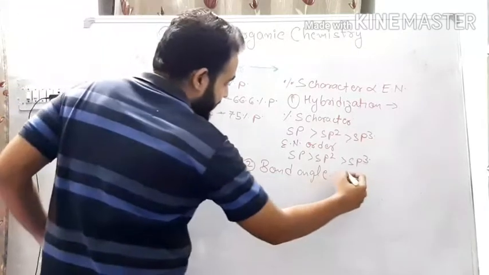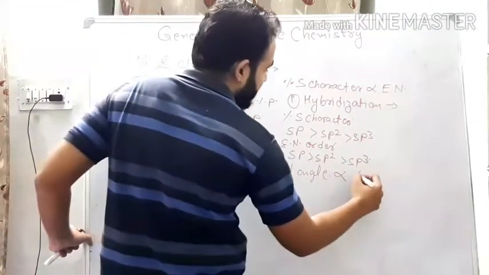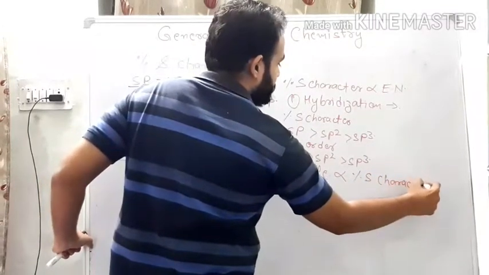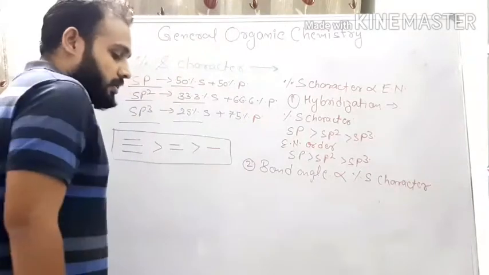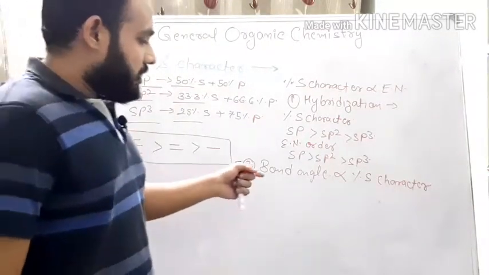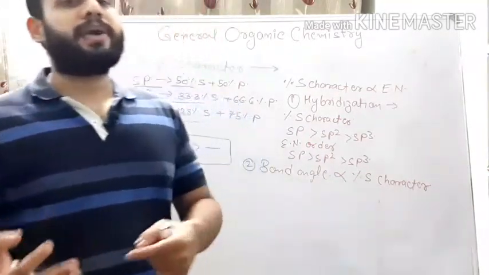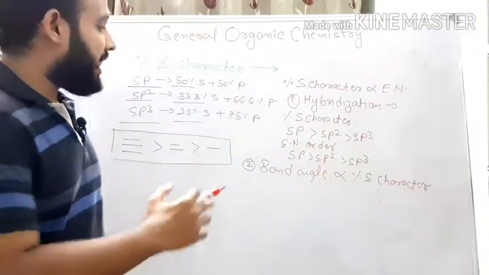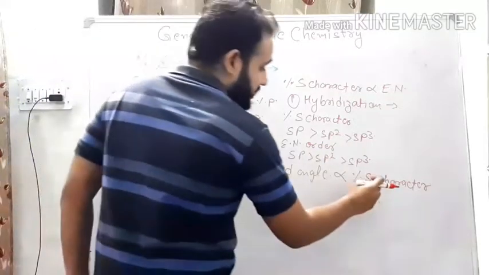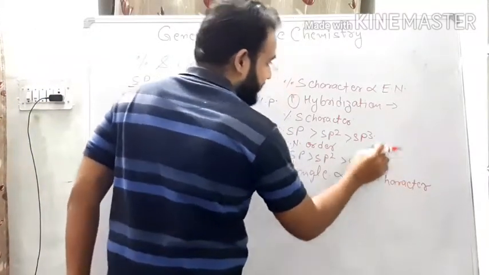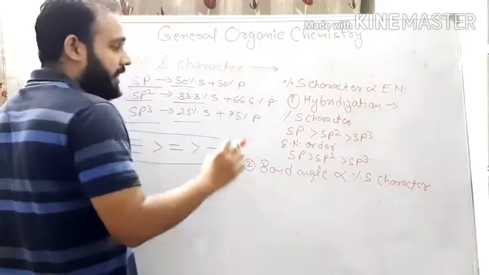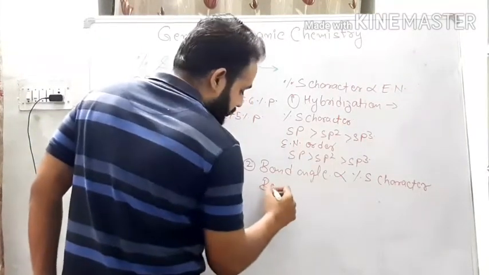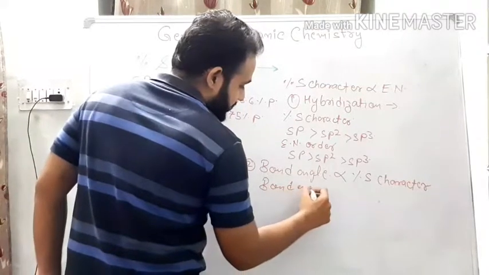So bond angle is directly proportional to electronegativity.